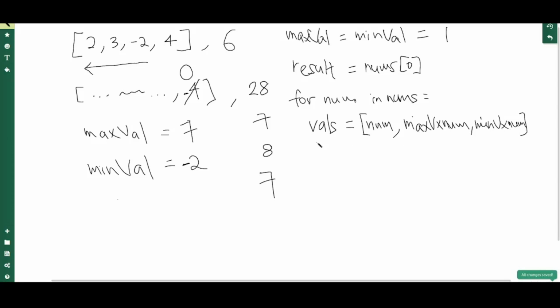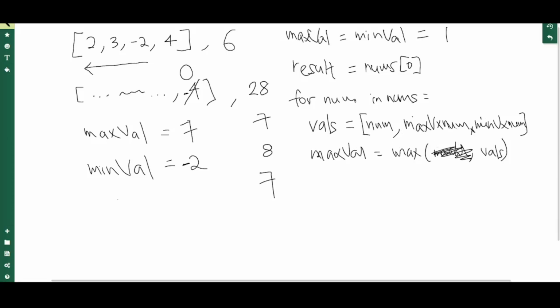Once we have that, we need to update our max and min values. So max val equals the maximum of this, right? Because minimum value times num might be a larger number than maximum value times num.